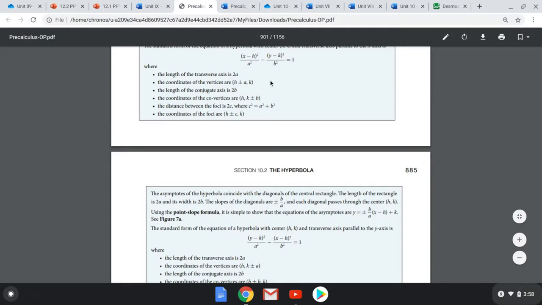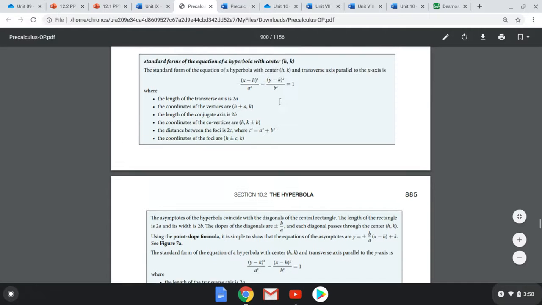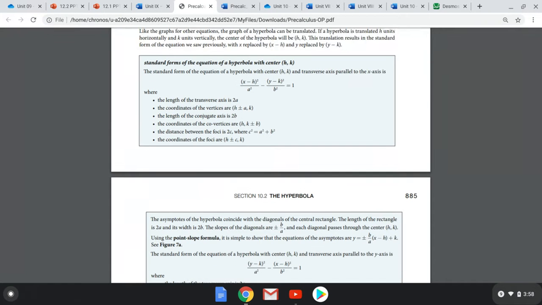So just like with ellipses and circles, this is going to be the x coordinate of your center. This is going to be the y coordinate of your center. Unlike ellipses, A does not have to be your biggest number.